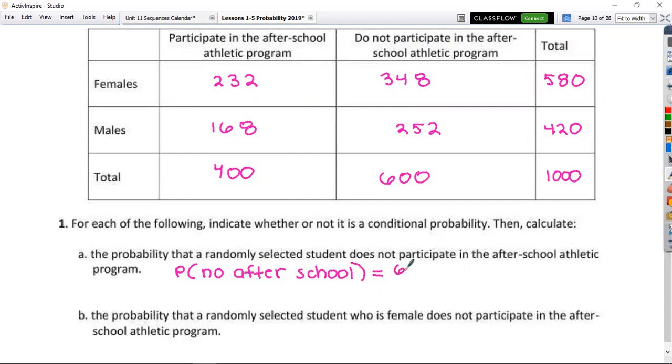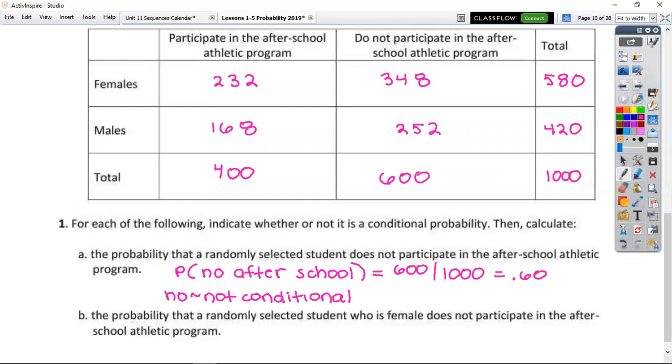So I just use 600 over 1,000. So the answer to this is no. This is not conditional because it is not based on gender. This one's just out of the whole total. Conditional is usually really specific, so keep that in mind. So obviously this is just 0.60.